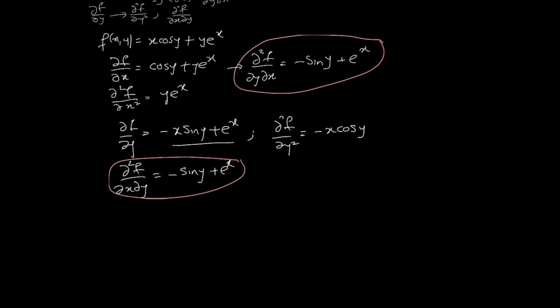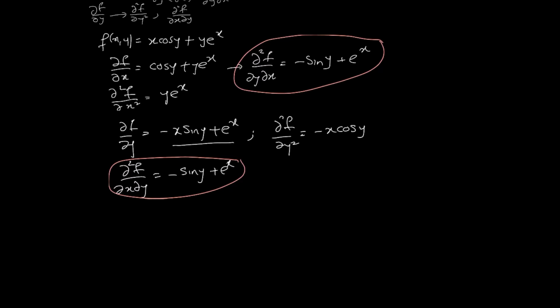Generally there is a theorem, sometimes referred to as Clairaut's theorem, which states that if f and its partial derivatives f_x, f_y, f_xy, and f_yx are defined throughout some open region containing a point (a, b), and are all continuous at (a, b), then f_xy at (a, b) is the same as f_yx.